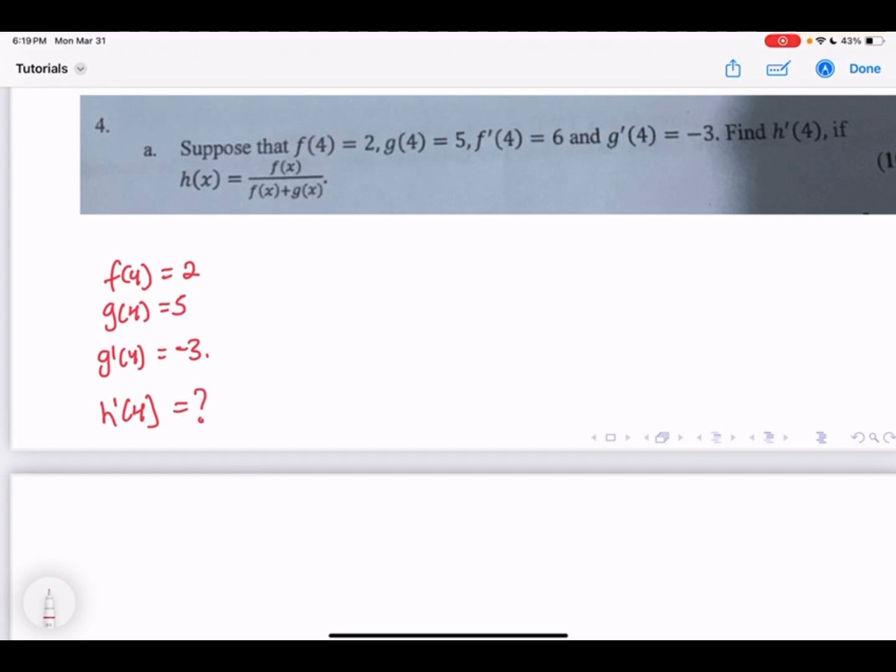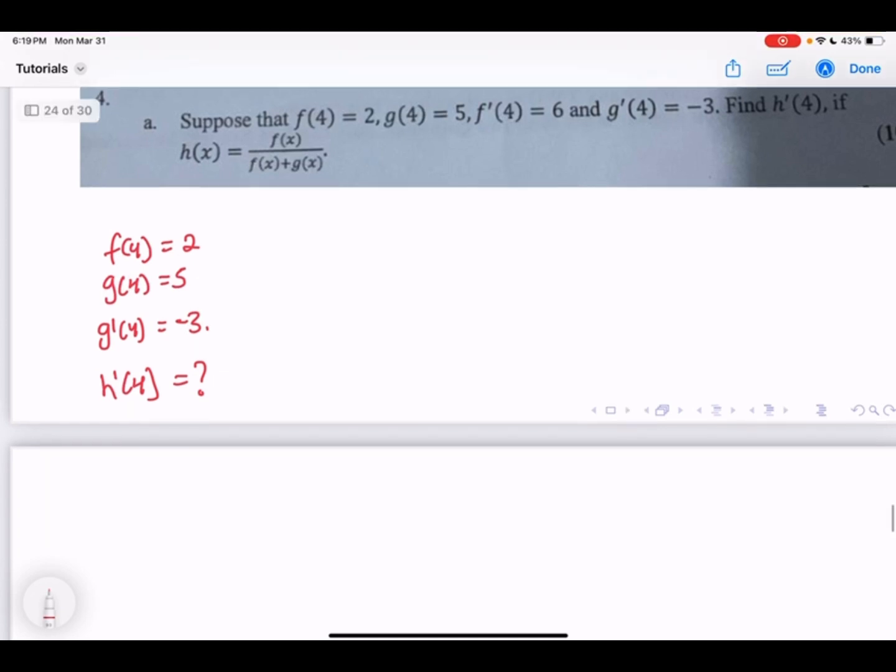Here we've been given h of x to be equal to f of x on f of x plus g of x. Right, so here we have to find the derivative of h at the point 4.